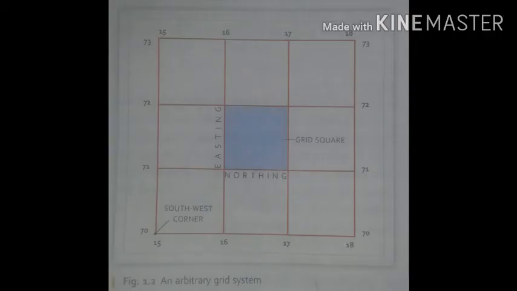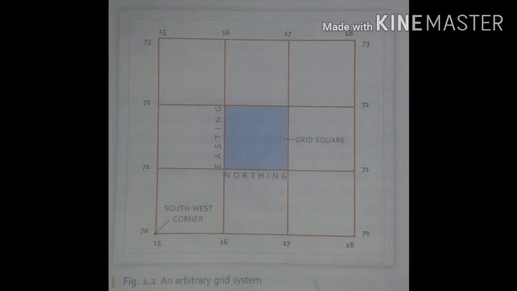Next, the grid lines are always numbered in two digits. You can see 15, 16, 17, and horizontally the northings 70, 71, 72. The numbering is useful to locate places and features. Next, the values of eastings and northings always increase eastward and northward.